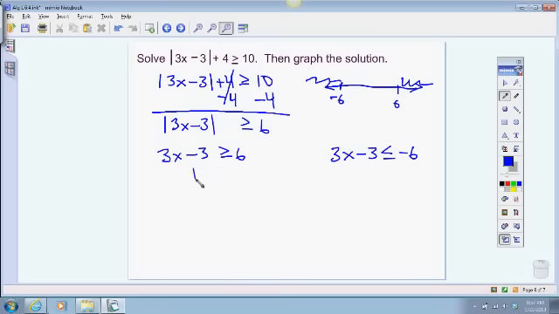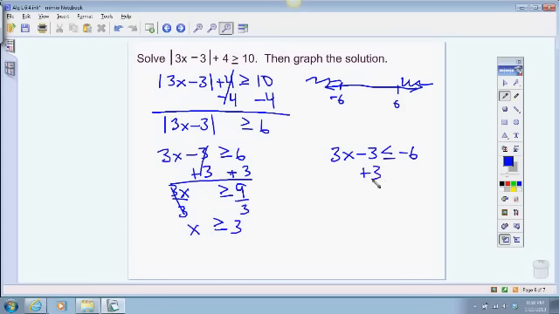So, solving both of these equations, we add 3 to both sides. We're left with 3x is greater than or equal to 9. Dividing both sides by 3, x is greater than or equal to 3. Our symbol doesn't change here because we divided by a positive. Okay.